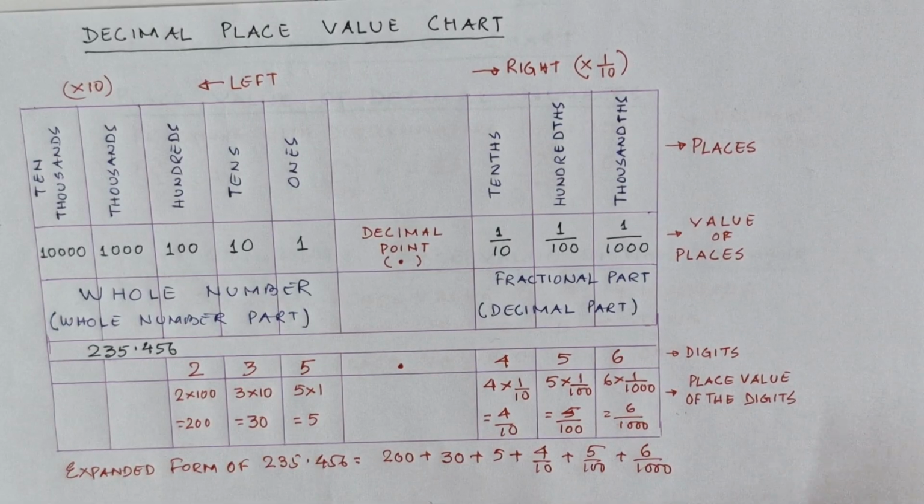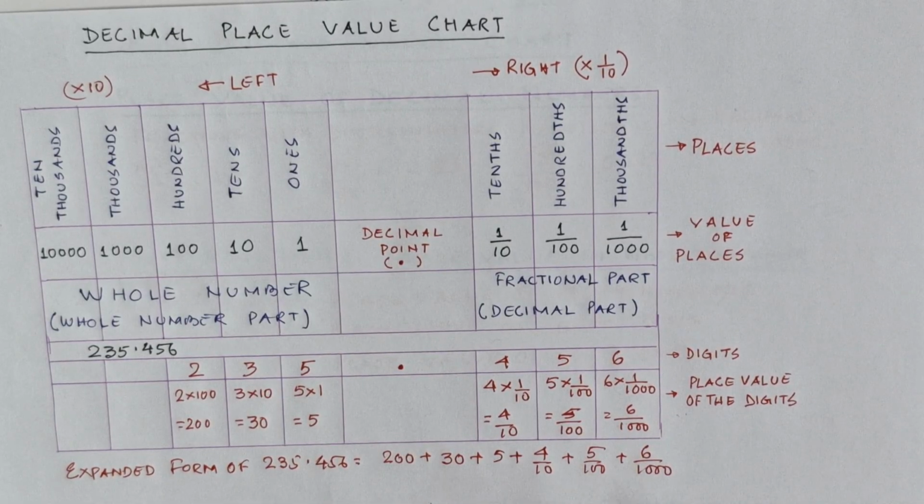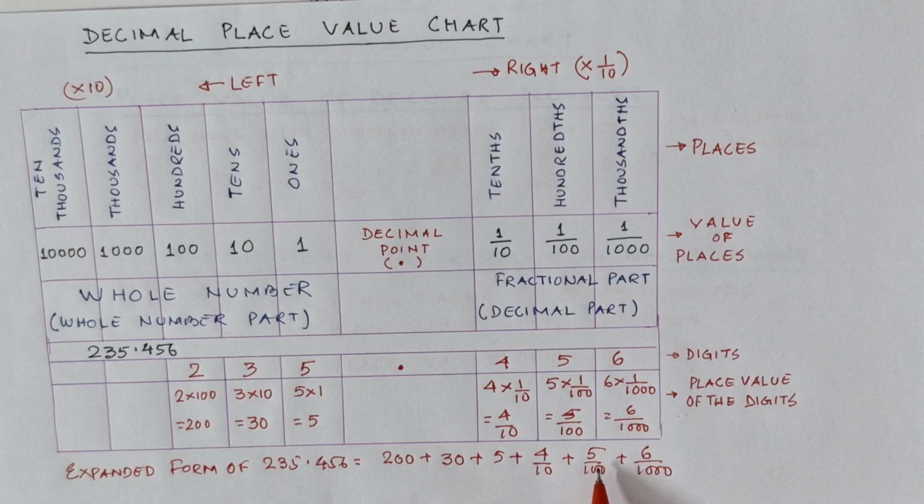So you can write it in words also. In what way? 2 hundreds plus 3 tens plus 5 ones plus 4 tenths plus 5 hundredths plus 6 thousandths.